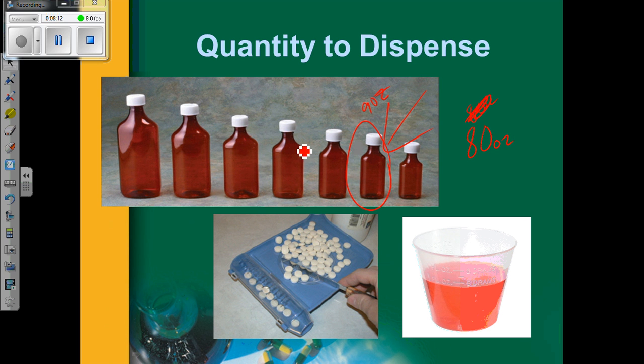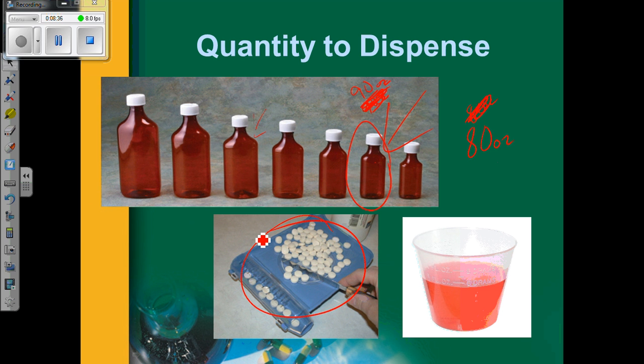You do not want to give them a 240-ounce bottle. You will want to put that medication in the 90-ounce bottle. So that's just one way to look at things. These bottles are usually marked with both milliliters and ounces, with lines.